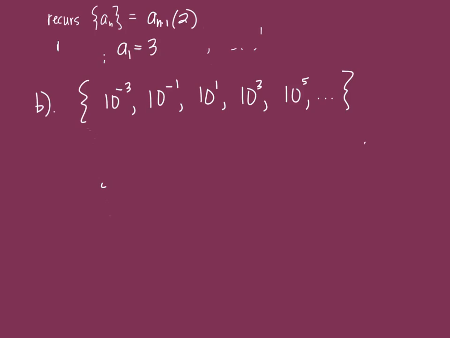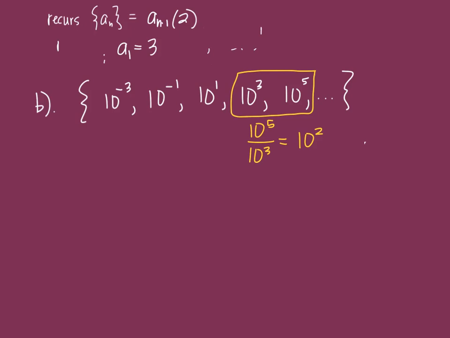Well, I should be able to pick any two terms, check their division, and see what their ratio is. So I'm going to pick the last two. 10 to the fifth divided by 10 to the third. Hopefully you remember from Algebra 1 that you subtract the powers, so 5 minus 3, and I get 10 squared.